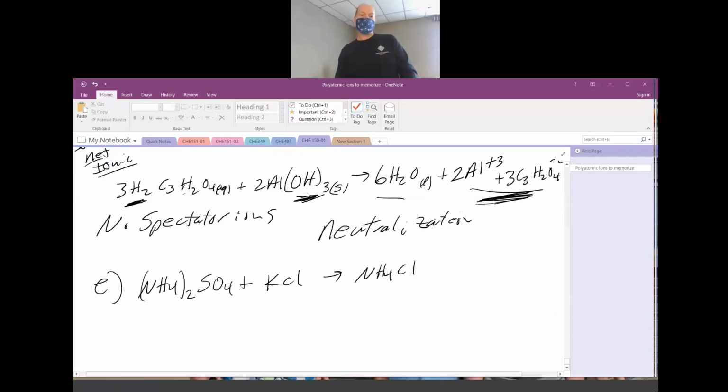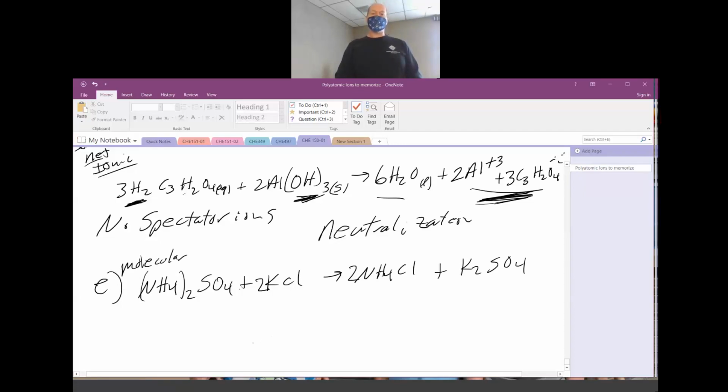And the potassium goes with the sulfate, K2SO4. To balance it, we have 2 potassiums, we need 2 potassiums. We have 2 ammoniums, we need 2 ammoniums. We have 1 sulfate, 2 chlorides, 2 chlorides. So we have a balanced molecular reaction.